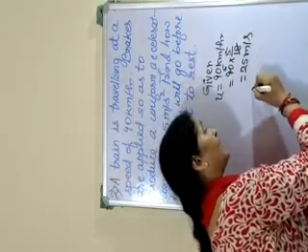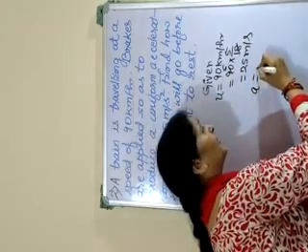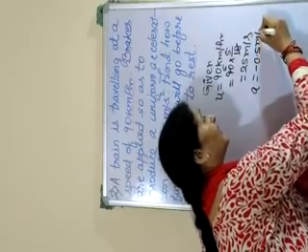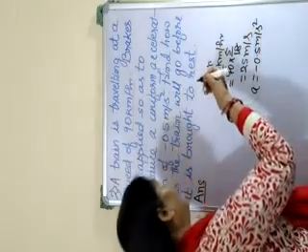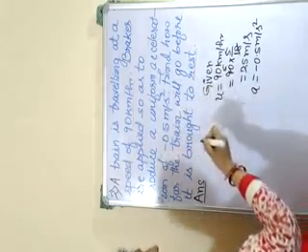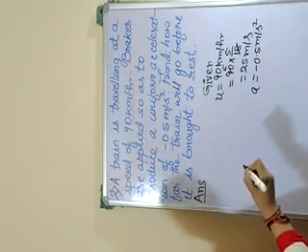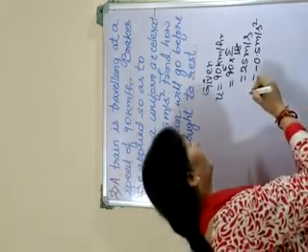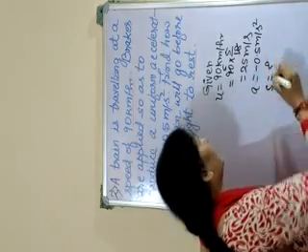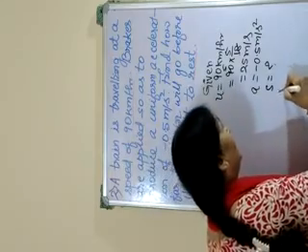Acceleration given in the question is minus 0.5 meter per second square, and only this is given, time is not given. Now you have to find out the distance traveled, and final velocity is 0.